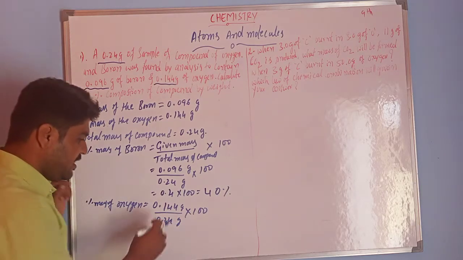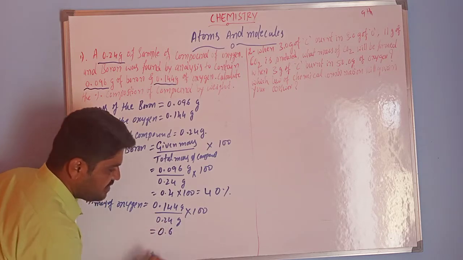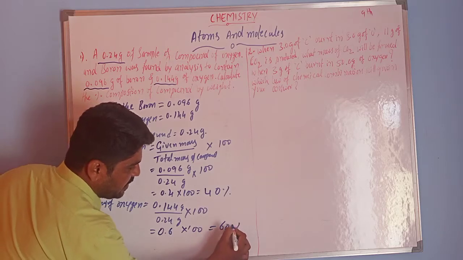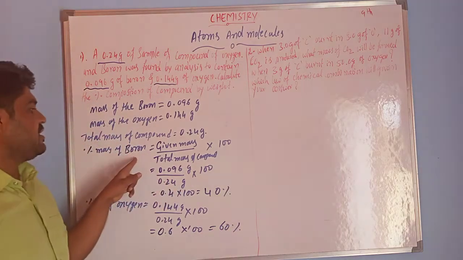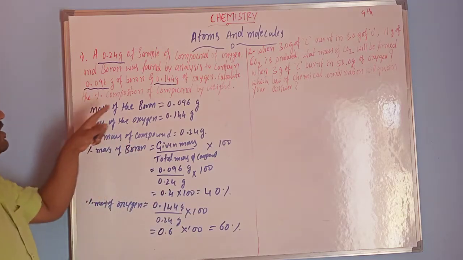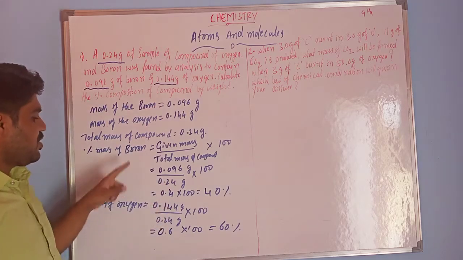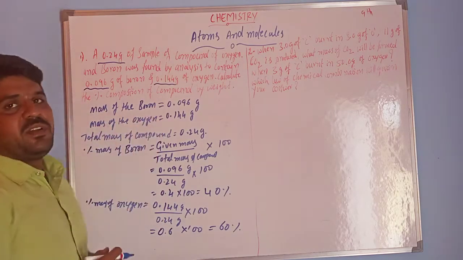After simplifying, 0.144 by 0.24 is 0.6 into 100, so that is 60 percent. So 60 percent of oxygen is there and 40 percent of boron is there. So this is the percentage composition of the compound, boron and oxygen. This is the first problem.